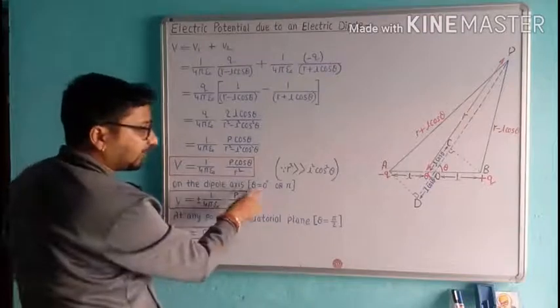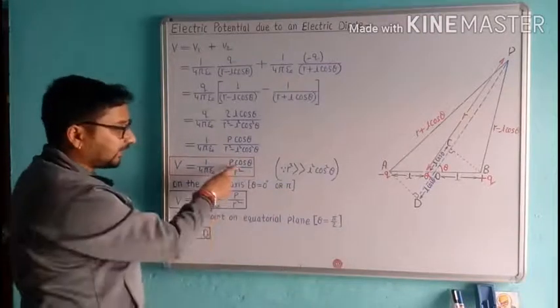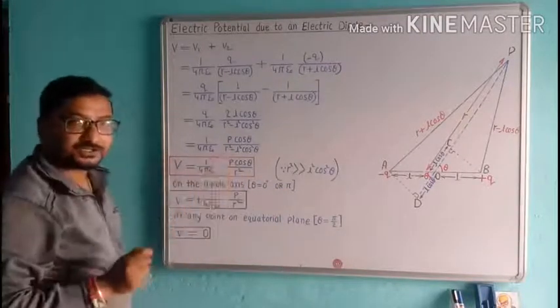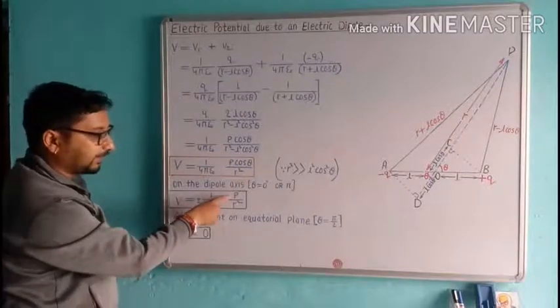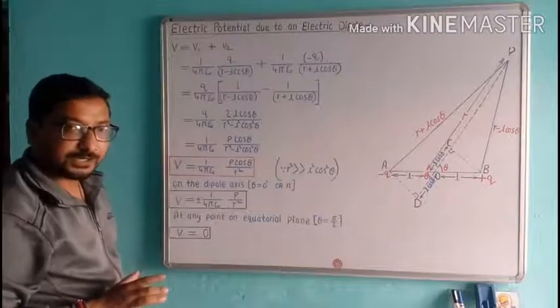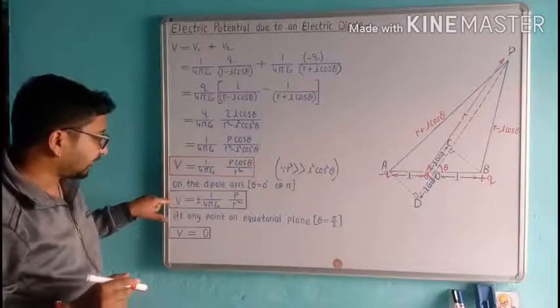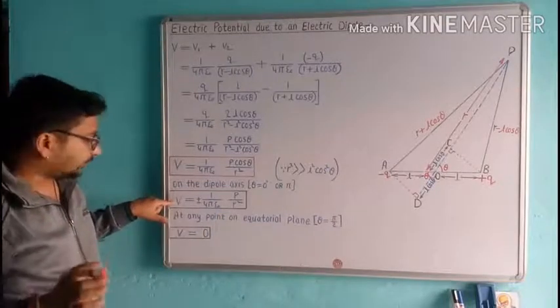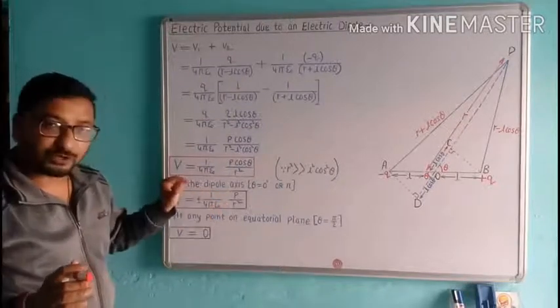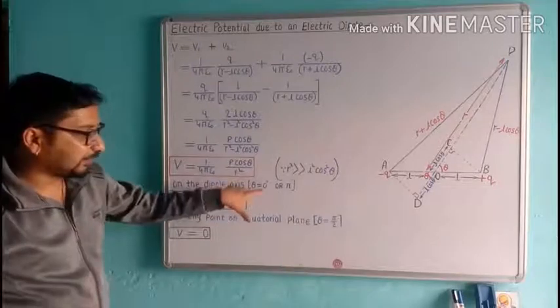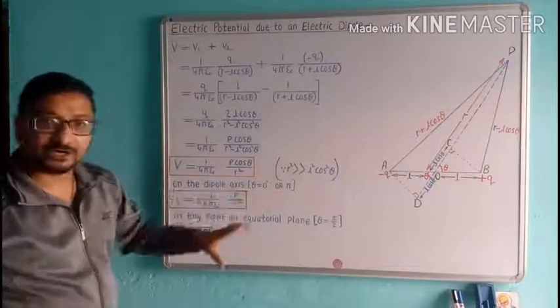If theta is 180 degrees, cos 180 is minus 1, so V is equal to minus 1 upon 4 pi epsilon naught, p upon r square. So V will be plus or minus 1 upon 4 pi epsilon naught, p upon r square: plus for 0 degrees, minus for 180 degrees.